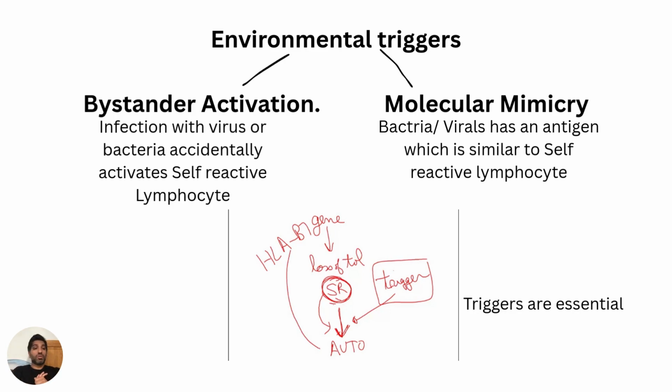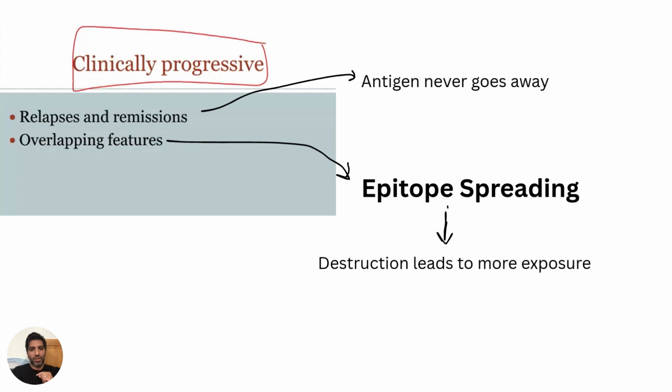There's also some good research on smoking and how smoking leads to chemical modifications of self antigen, and that's how a lot of smokers get rheumatoid arthritis. So we'll get to all this, but just know that this is kind of important. Even if you have a gene that says, hey, you're screwed, you're going to get autoimmune disorders, it doesn't need to happen unless you have a catalyst, an environmental trigger.